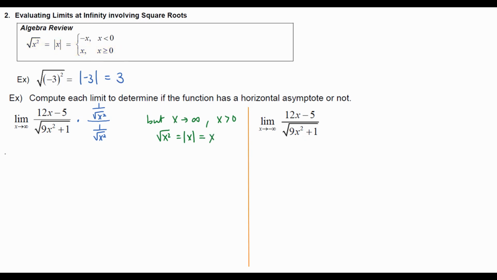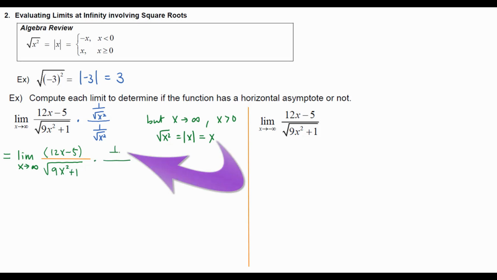So this is the same thing as the limit as x approaches infinity of the quantity 12x minus 5 over the square root of the quantity 9x squared plus 1, times 1 over x over, I'm going to leave the bottom one as a square root of x squared. They're the same thing right now because the square root of x squared is equal to x.